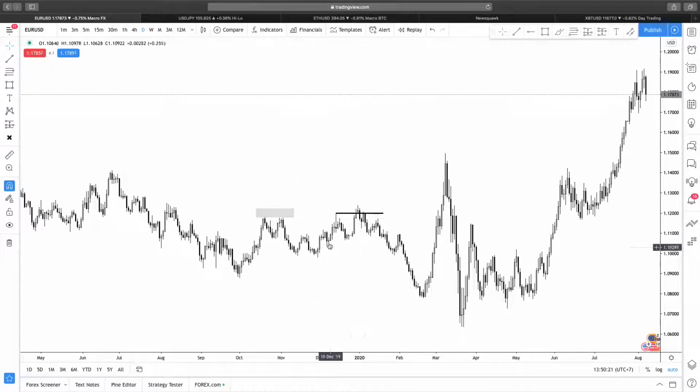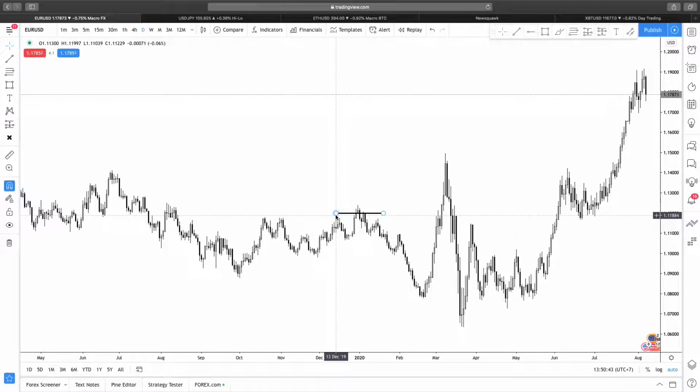It tried again and fell away. So in this area there is SR, not just at this key swing. It's been resistance each time it's pushed into this particular price point. So it's not as important to mark the literal top of the swing and the literal bottom of the swing; look for as many touches as possible.